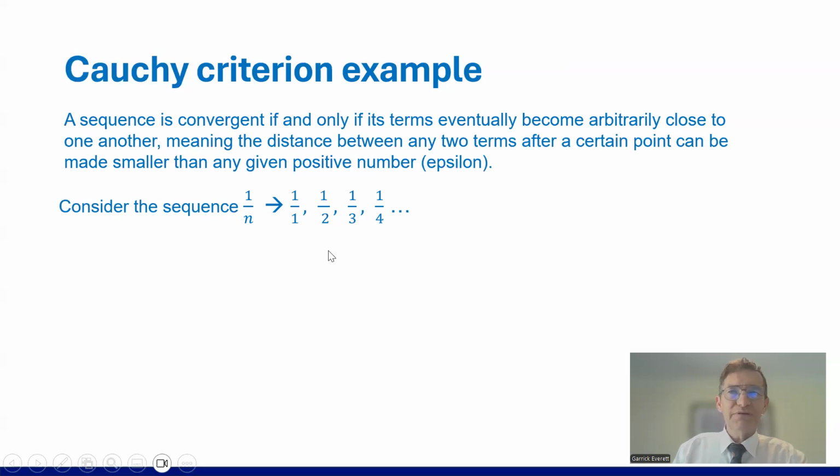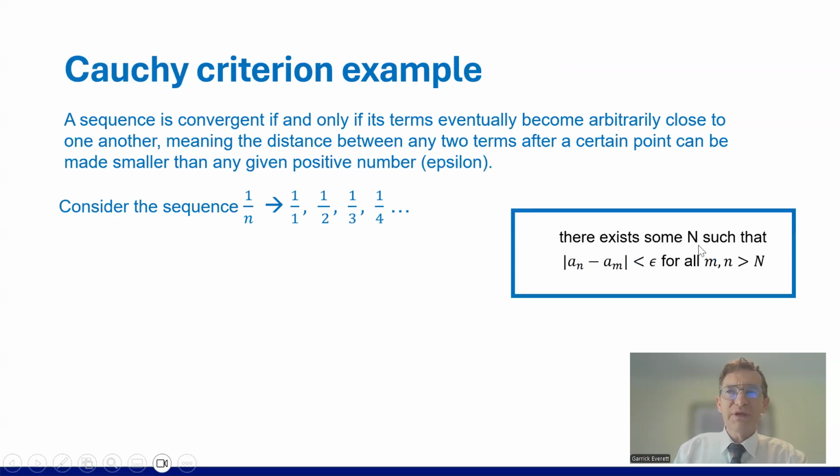There exists some N such that |a_n minus a_m| is less than epsilon for all m and n greater than N. So we're going to say epsilon is 1 over 10. Right, there's our epsilon. So we want to show there exists some value such that this is true.